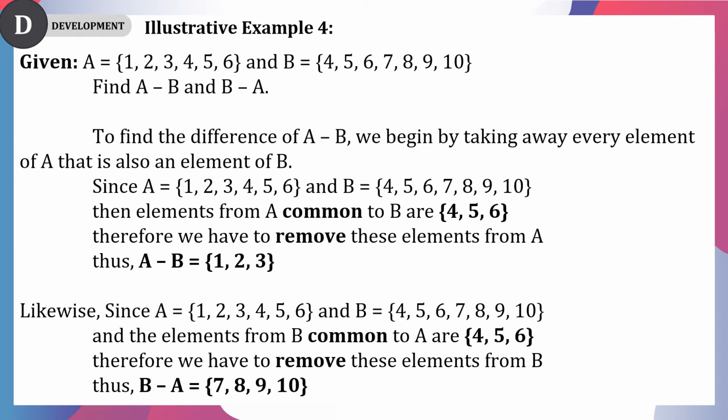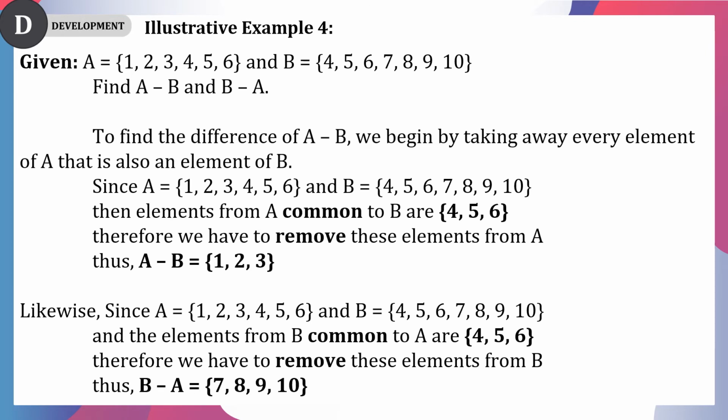Illustrative example 4. Given A is equal to elements 1, 2, 3, 4, 5, and 6, and B is equal to elements 4, 5, 6, 7, 8, 9, and 10, find A minus B and B minus A. First, to find the difference of A minus B, we begin by taking away every element of A that is also an element of B. So, since A is equal to the elements 1, 2, 3, 4, 5, and 6, and B has the elements 4, 5, 6, 7, 8, 9, and 10, then elements from A common to B are the elements 4, 5, and 6.